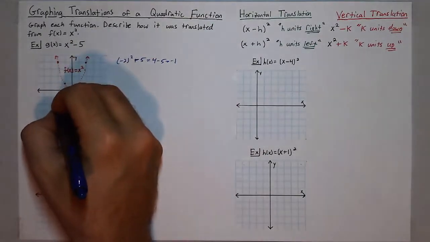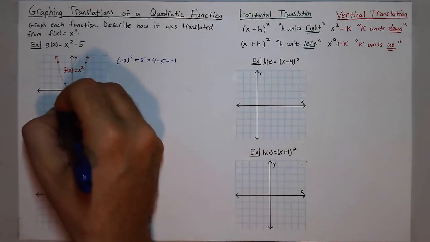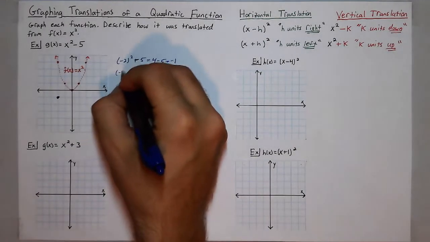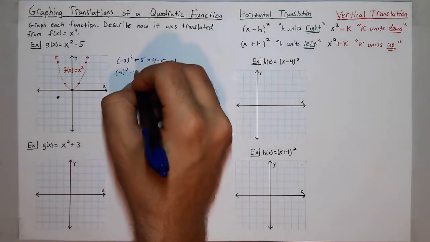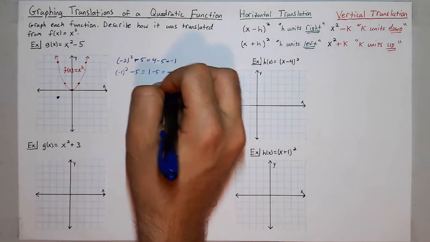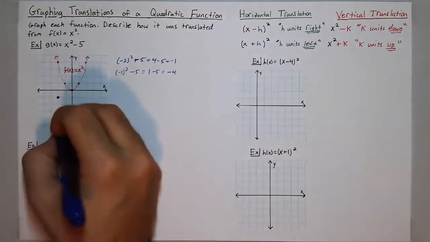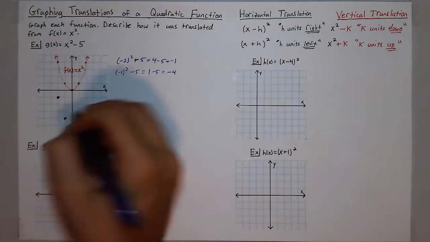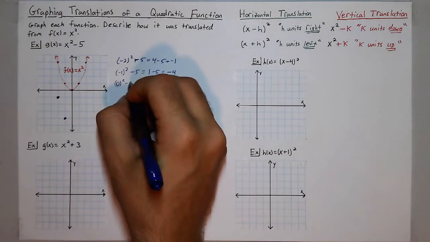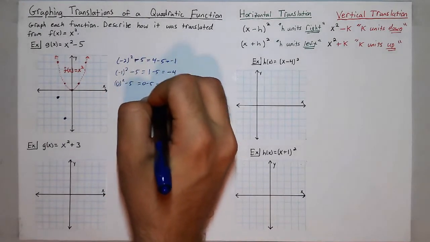So -2, -1. If I plugged in -1, which originally was 1, I would get 1 minus 5, which would be -4. Plug in 0. I'll get 0 minus 5, which is -5.